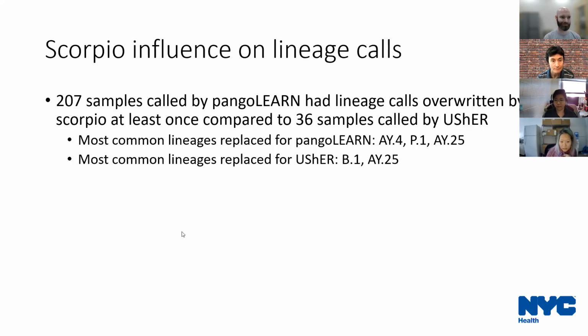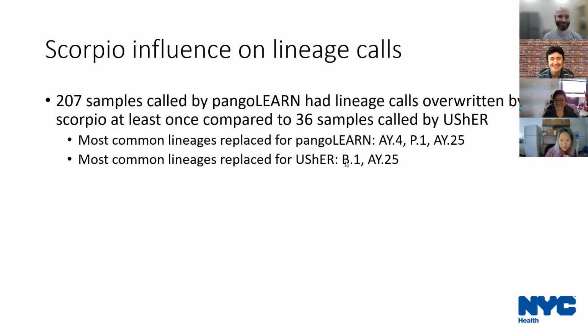The most common lineages for pangoLEARN are AY4, which makes sense, P1, and AY25. And the most common lineages for UShER are B1 and AY25. So it seems like maybe UShER sometimes is a little conservative, because a B1 call is a little weird nowadays.